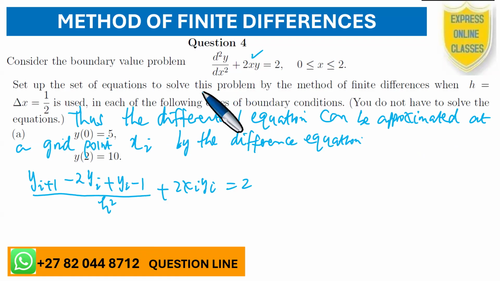Now, this differential equation can be written like this using our method of finite differences. We've written it as what we call the difference equation with subscripts, converted from just being a boundary value problem written as a differential equation to a difference equation.